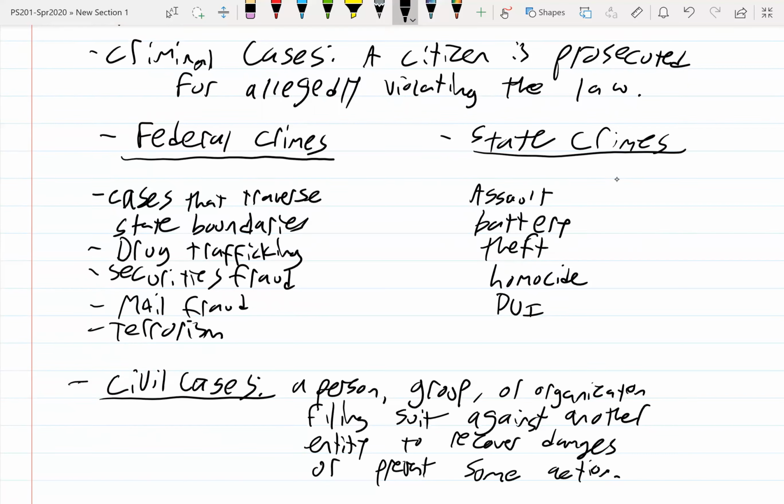So you maybe get the sense from this definition that there are a lot of different types of civil cases. I'm going to try to simplify here.